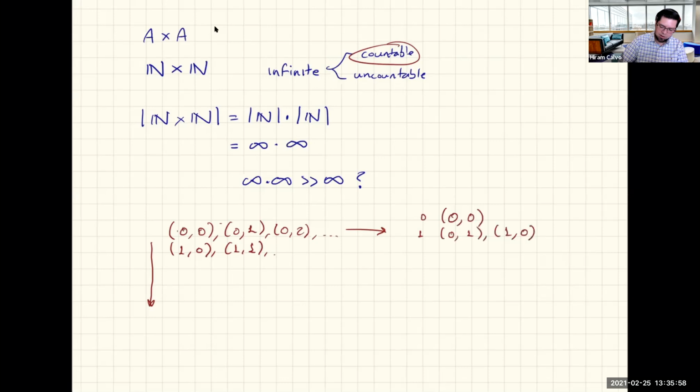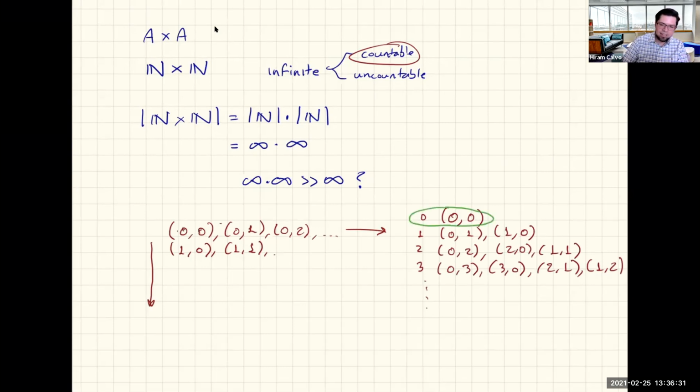Now let's add up those giving 2: (0,2), (1,1), (2,0). And now you see where I'm heading. Now we have 3: (3,0), (2,1), (1,2), (0,3), etc.